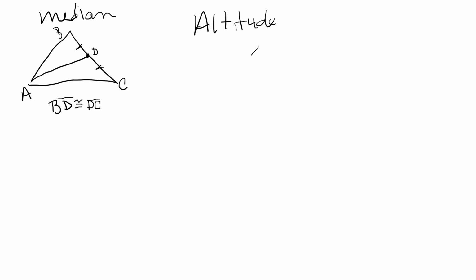And so if I'm going to draw an altitude, let's call this triangle ABC. And this time, an altitude I know is perpendicular. So let's draw an altitude that goes from B to AC, and if it's going to be an altitude, it needs to form a right angle when it intersects the opposite side.